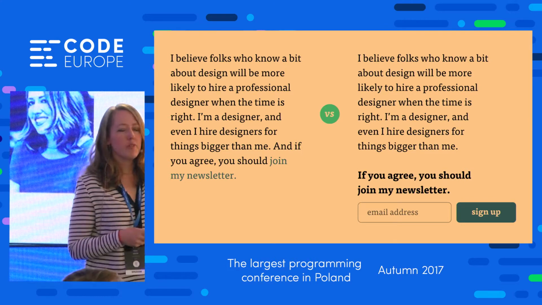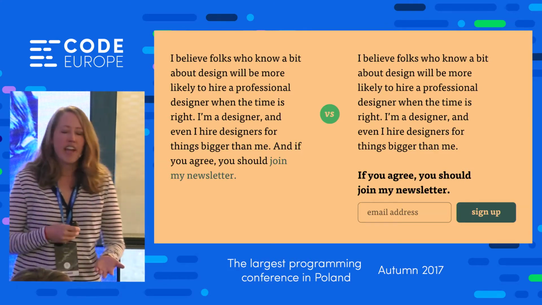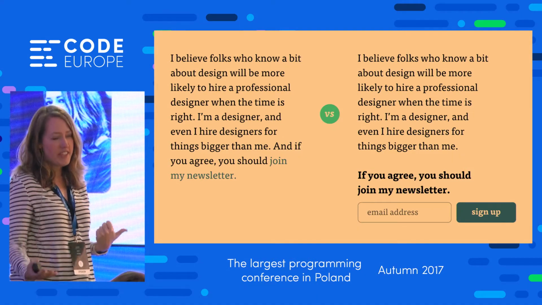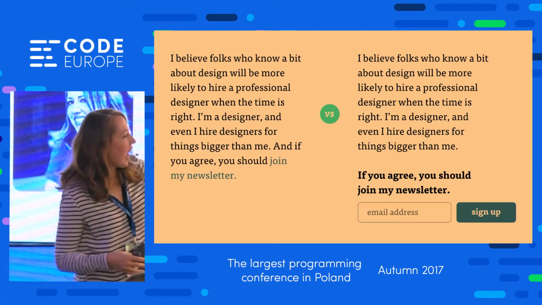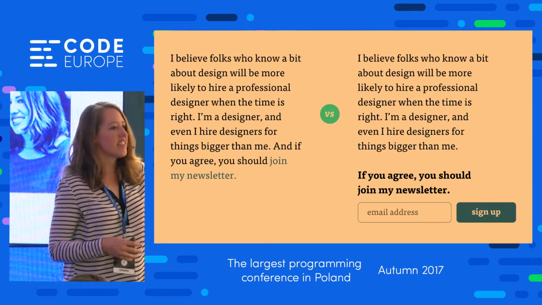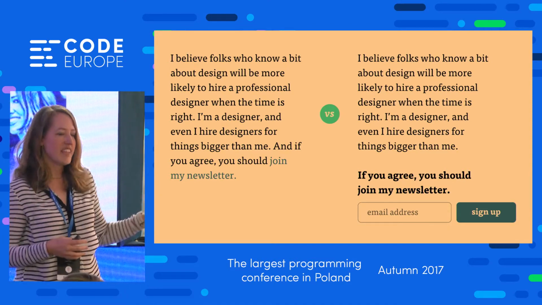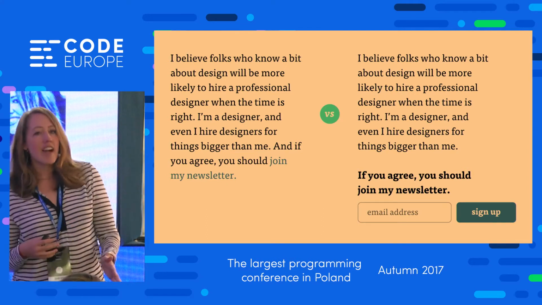For example, again, the newsletter, if you have a blog, you want people to sign up, give you their email. You don't want to hide the link in the content, on the left side, where it blends in. There's nothing that indicates a link. There's no underline. It has a different color.